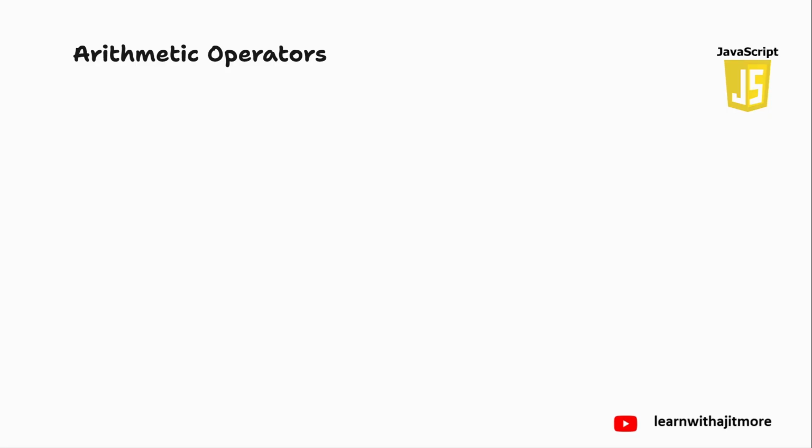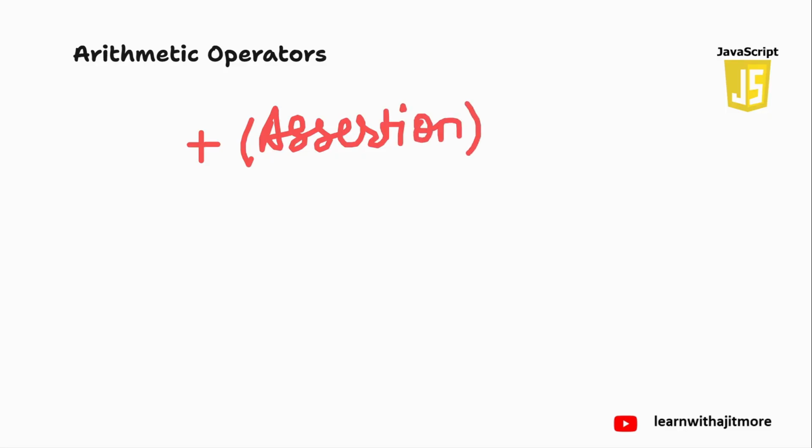एंड देन वी हैव ओनली असर्शन एंड निगेशन. प्लस ऑपरेटर है, प्लस, जिसको हम असर्शन कहते हैं. Assertion keeps the value as it is.